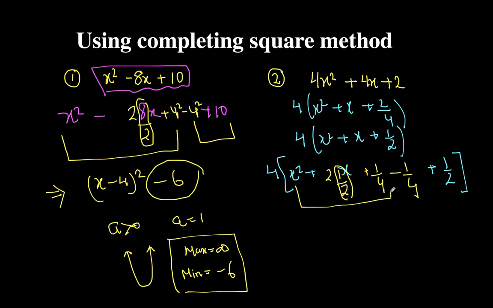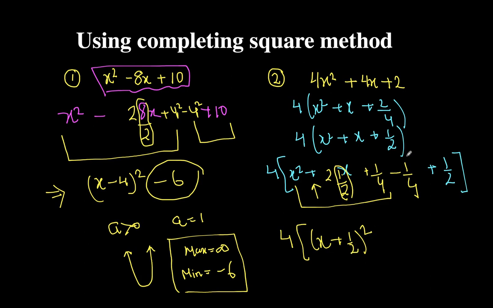You will see that this is a complete square. So you can write 4 times x plus 1 over 2 square. You can ask me why we are writing plus, because here it is plus. Your a is x and b is a half, that's why it is a plus b whole square.